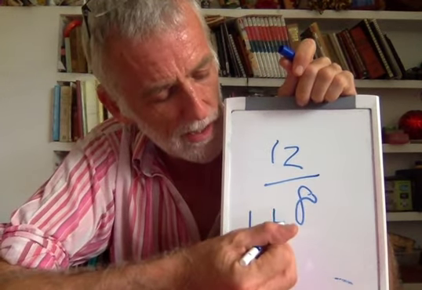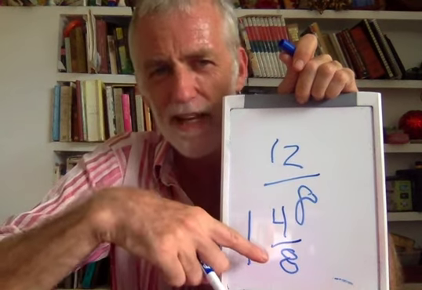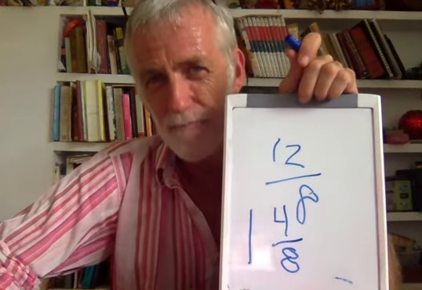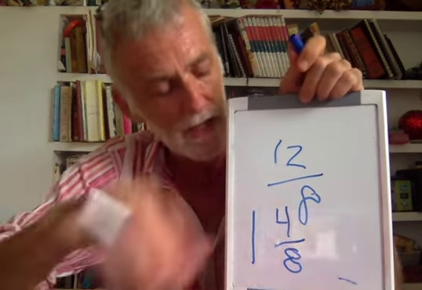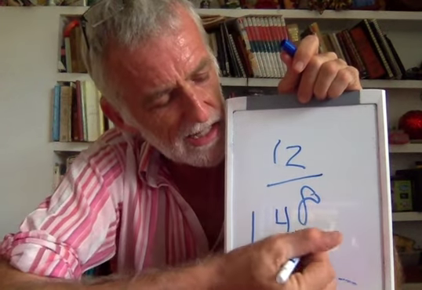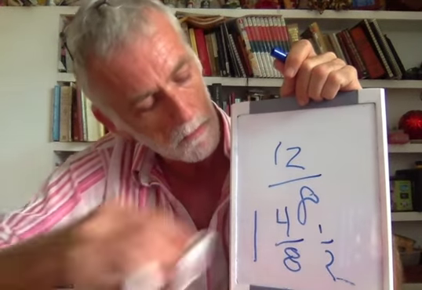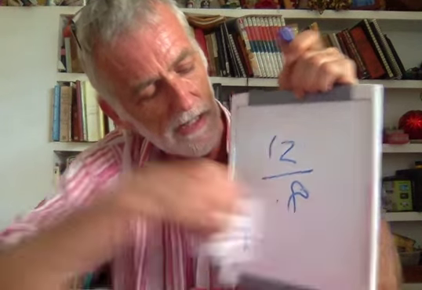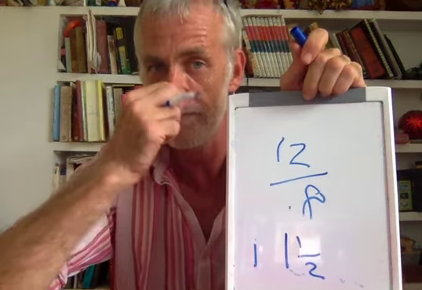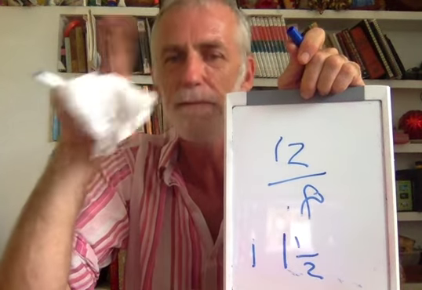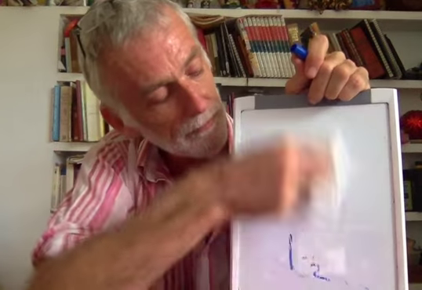So you have 1 and 4 8ths. 4 8ths, can we simplify that? They both can be divided by what number? 4. So 4 8ths, you can switch that into 1/2. And so 12/8 turns into 1 1/2. So if your number on top is bigger than the number on the bottom, you always need to simplify it.